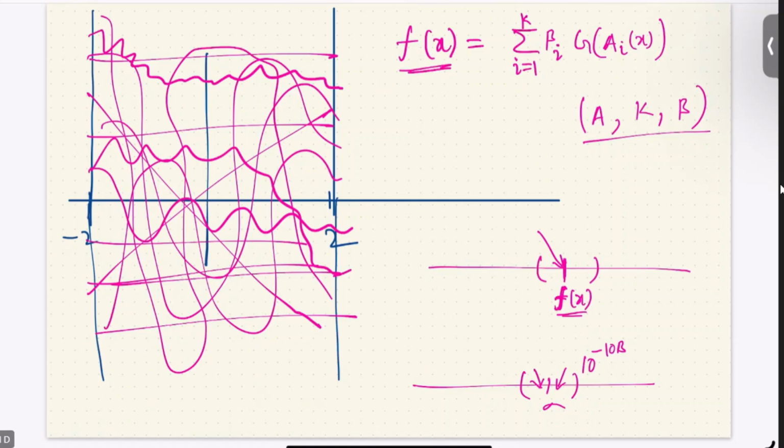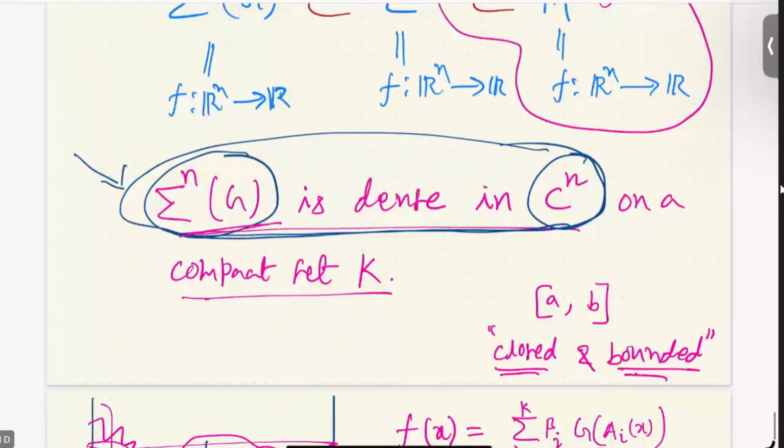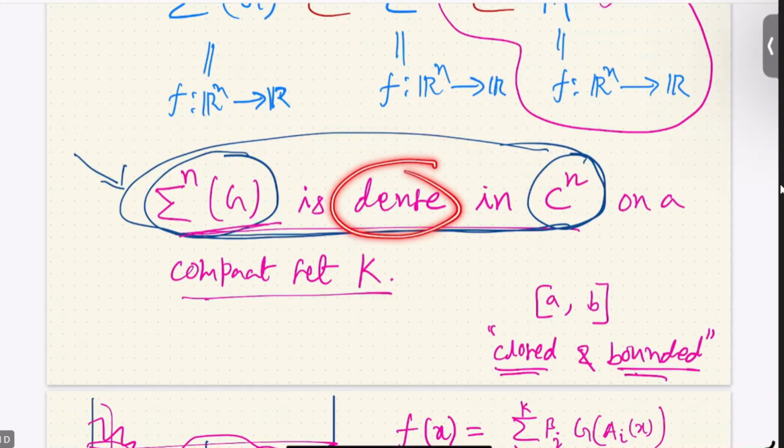Our solution is the magic golden function for the problem. So neural networks are great because they are dense inside CN. If they are not dense, then there is no artificial intelligence, in a single word.